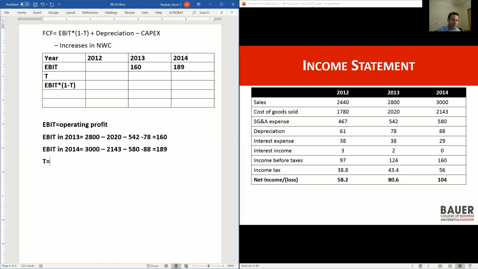Well, how do you find your tax rate? It's the taxes that you actually pay divided by your taxable income. That makes sense. That's the same thing we do with our personal taxes. We can do that for 2013 and 2014. You'll see that we get the same answer.